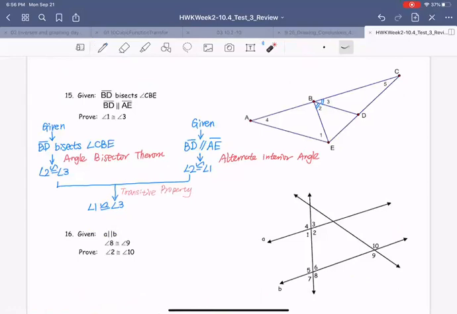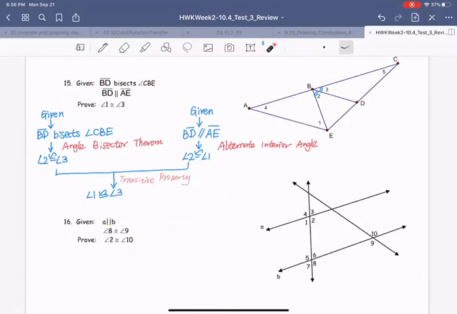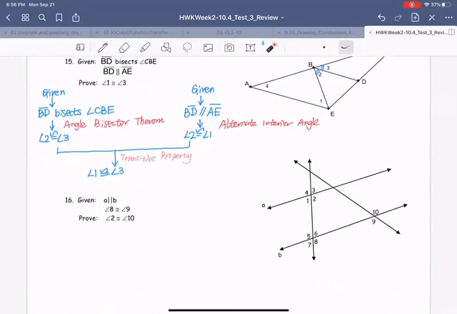I also give you the solution over here. Let's go through number 16 quickly. A is parallel to B, right? Yes. And angle 8 is equal to angle 9.